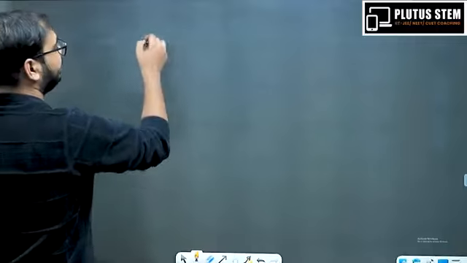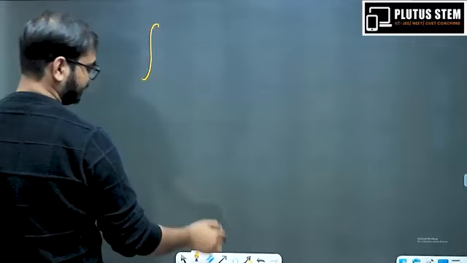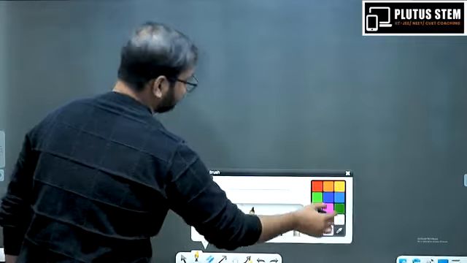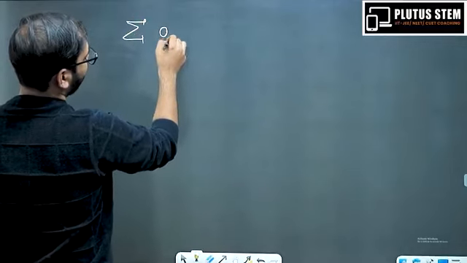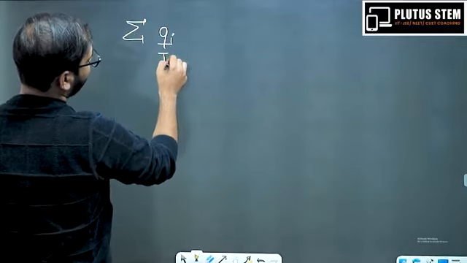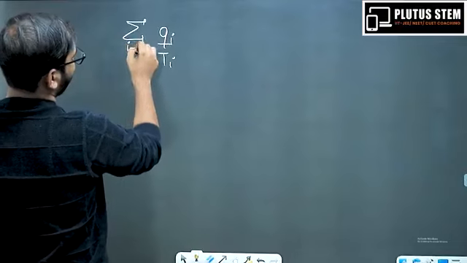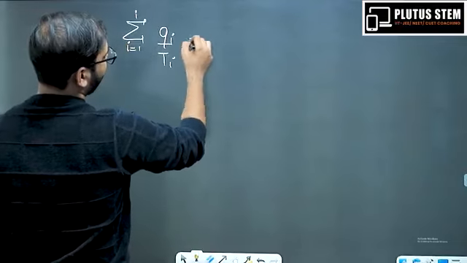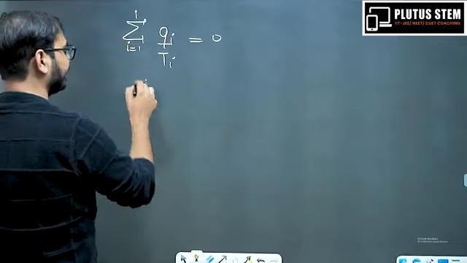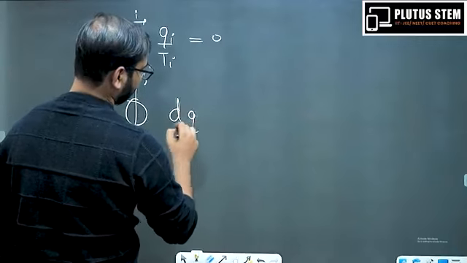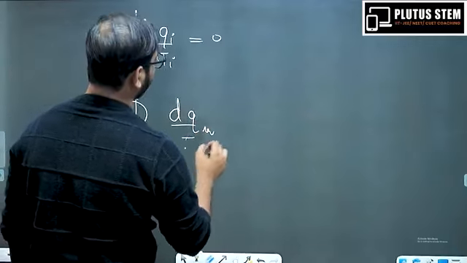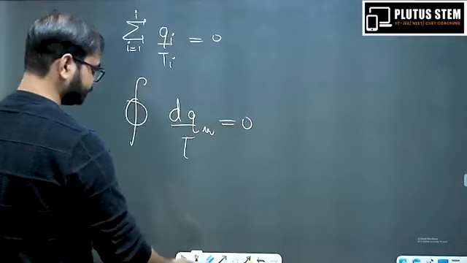So since it is a cyclic process, I can write this entire summation in the form of the sum of Qi by Ti, where i is from 1 to n, equals 0. But it's a cyclic process, so I can represent it by an integral in a reversible process, the cyclic integral of dQ by T, which is equal to 0.